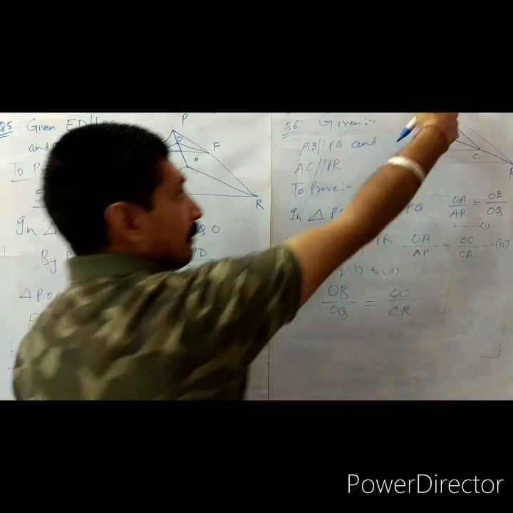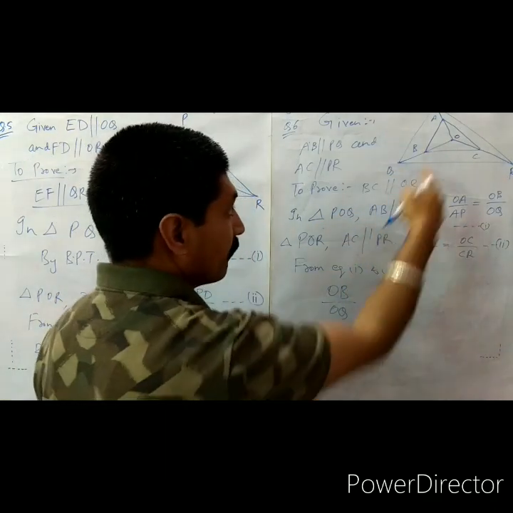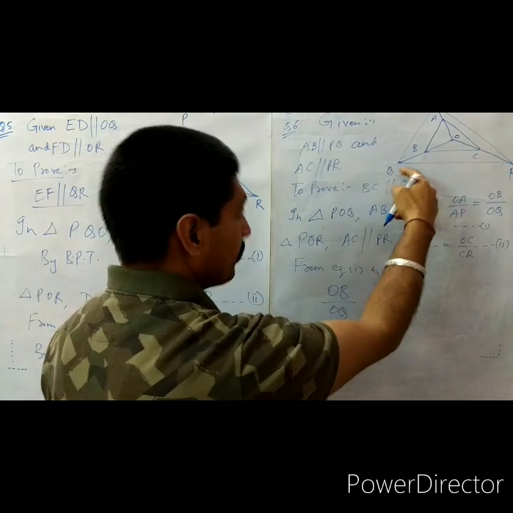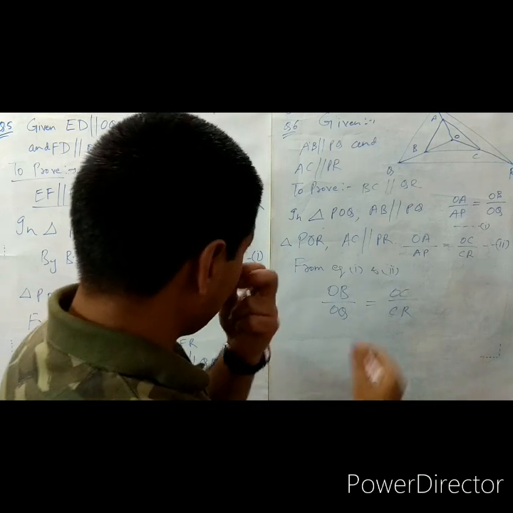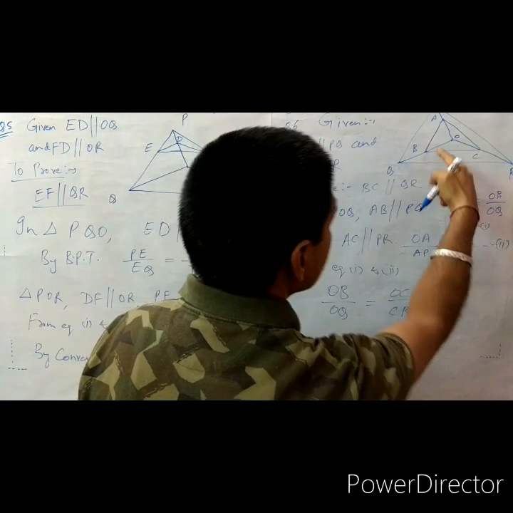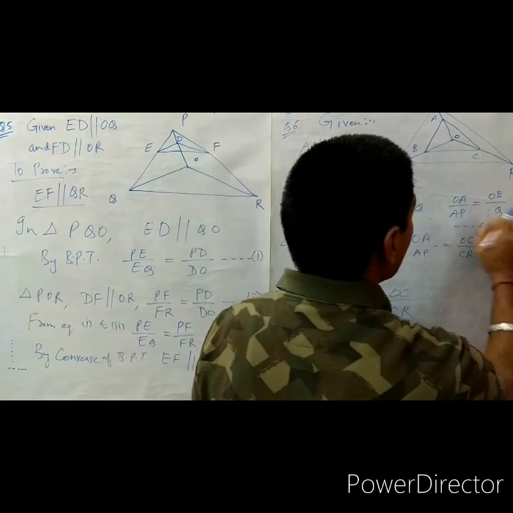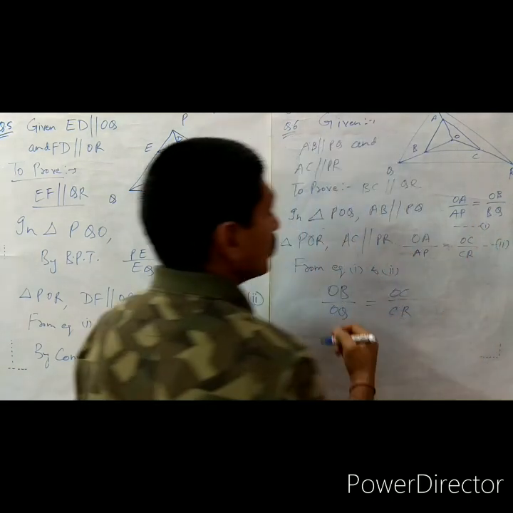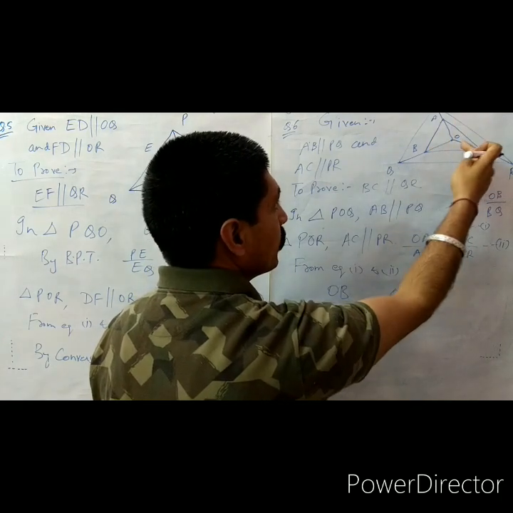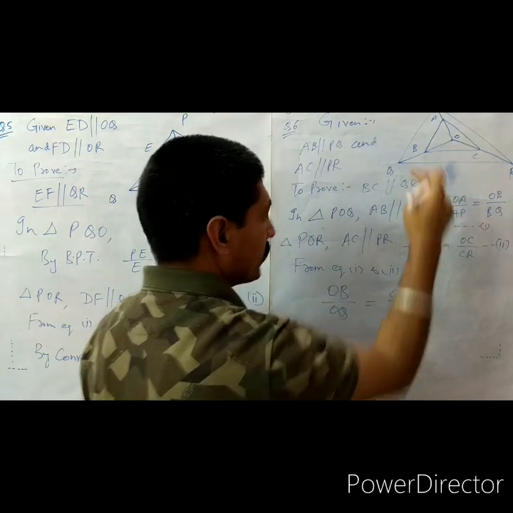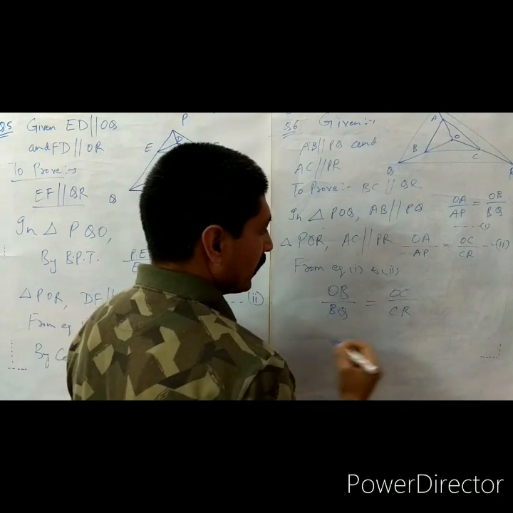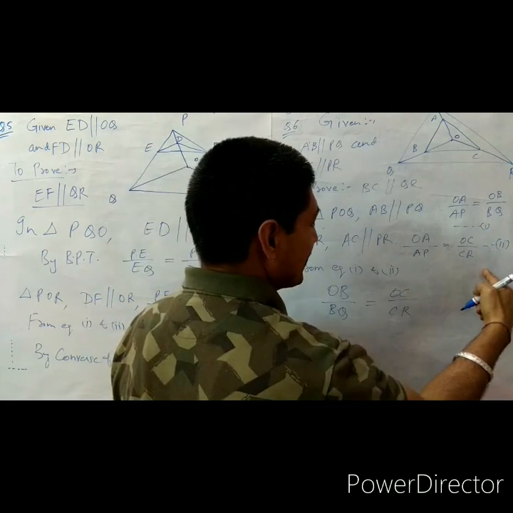So in triangle OQR, we have OB upon BQ equal to OC upon CR.